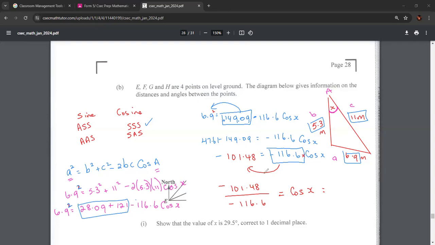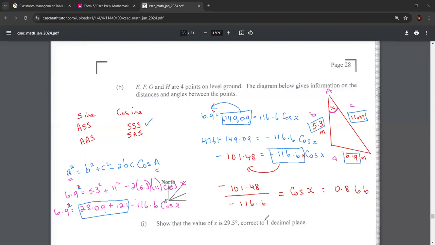Right? When we carry it across, 101.48 divided by that. Use your calculator. And we got cos of x. When I divided this, we got positive 0.866209, etc.